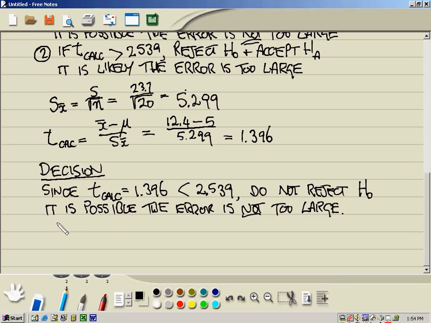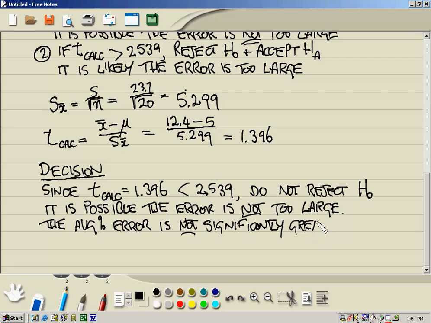Or using the word significantly, we could say the average percent error is not significantly greater than 5%. Okay, and that's this test.